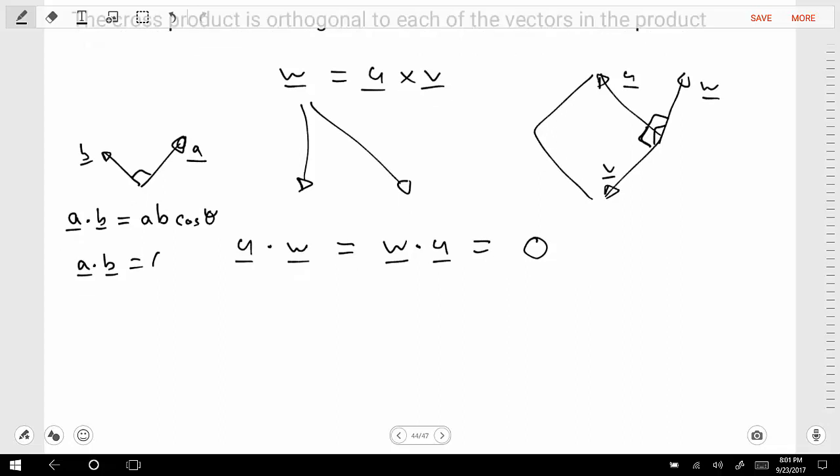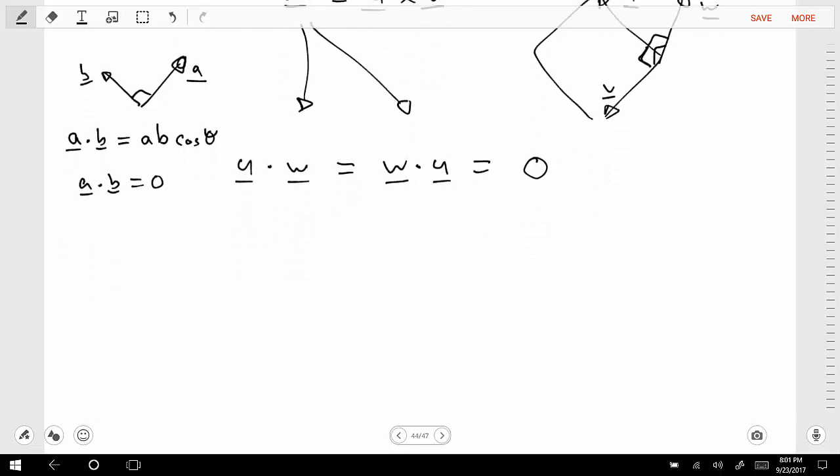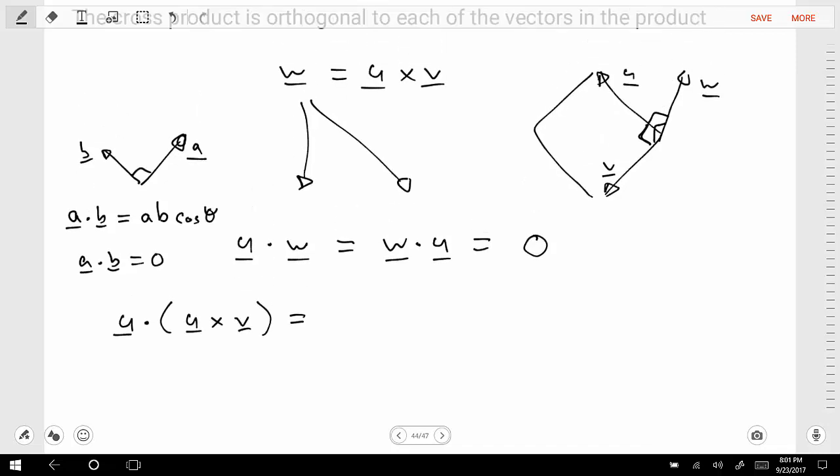Well, then what happens, so we know that relationship? What happens if we then perform the dot product of u with respect to u cross v, where we know that u cross v is w, right?